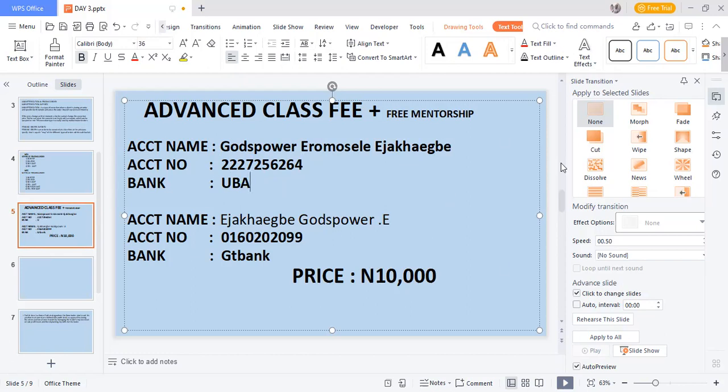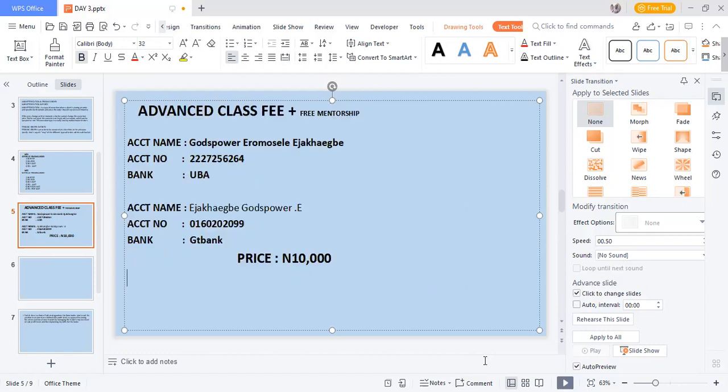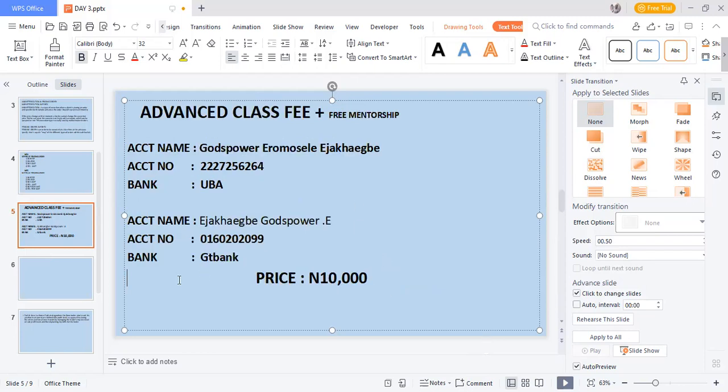The number you can call is the Glow number that I am using for the platform, for WhatsApp. But the number you can also call is 080.